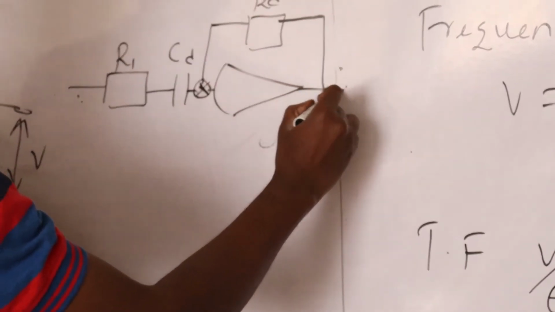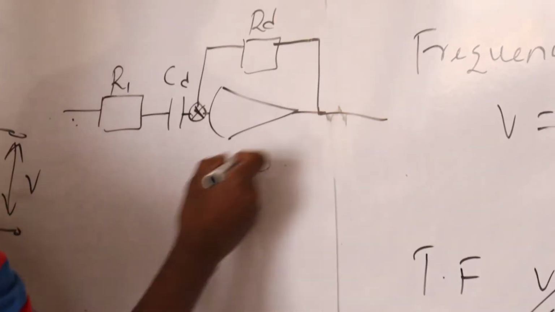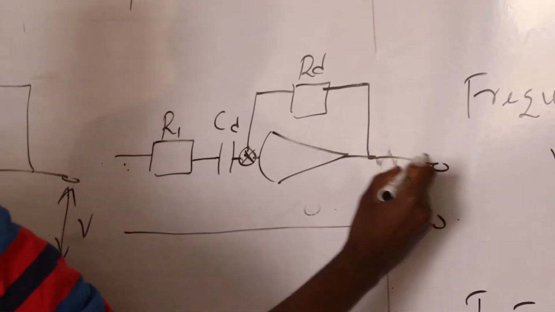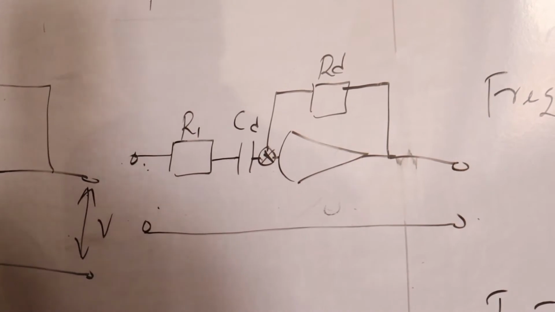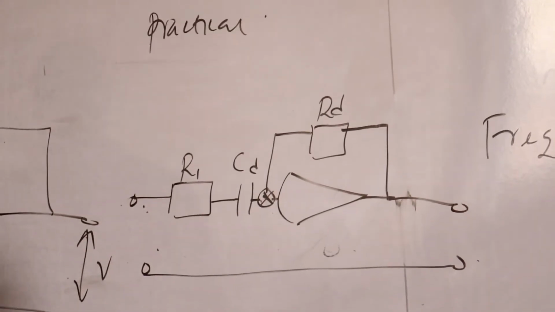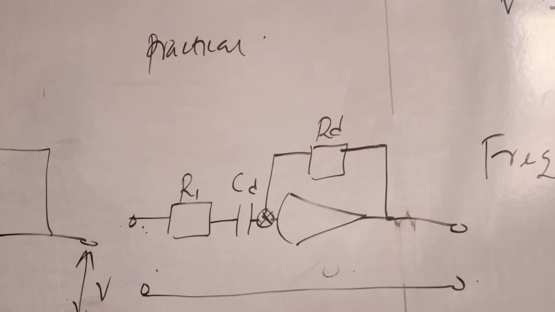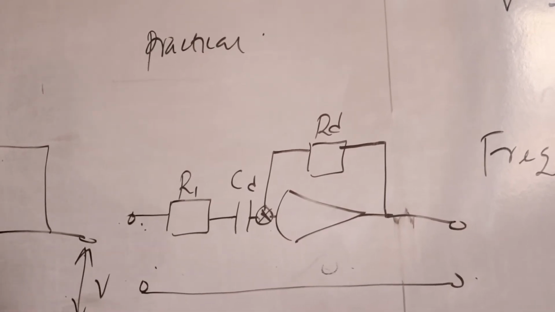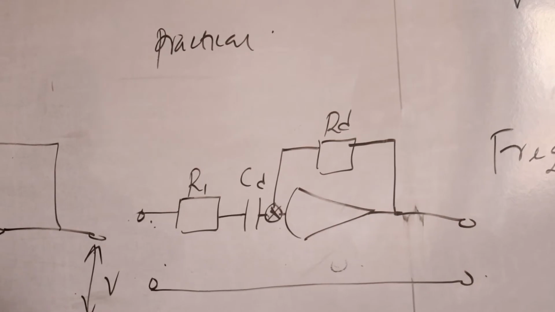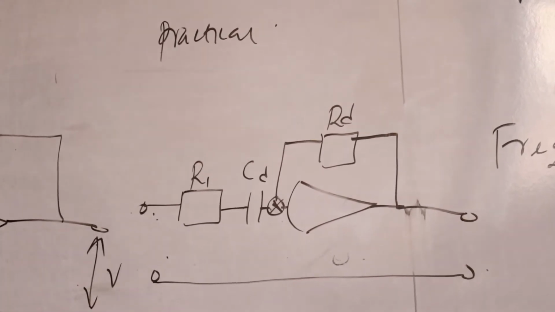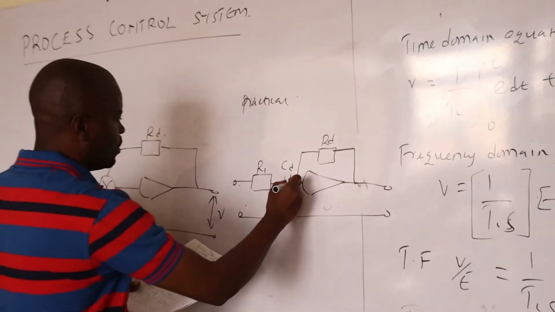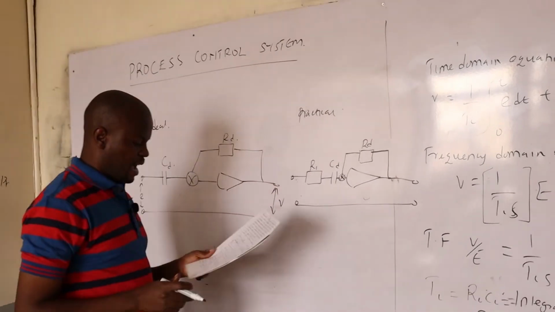What you can see is that a new resistance, R1, is added. Its main work is to limit the response to the step input so that we don't have an infinite response. So this is the practical, and this is the ideal.